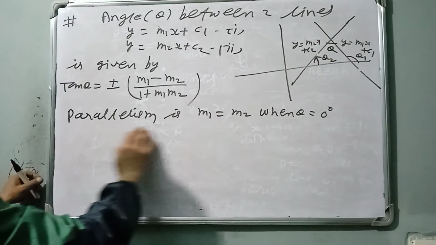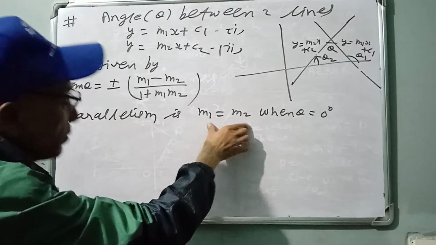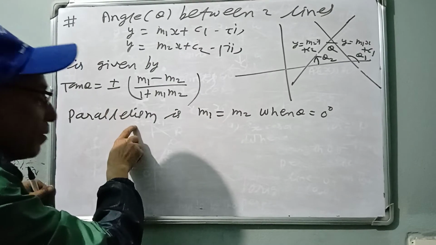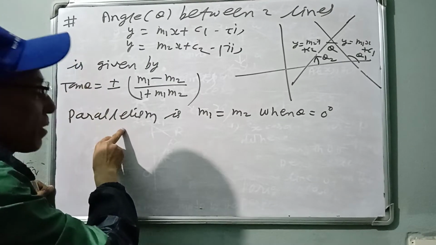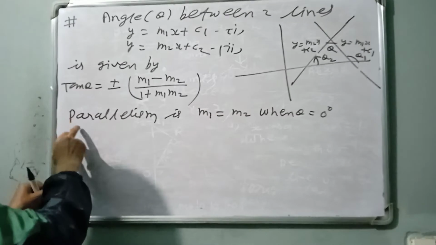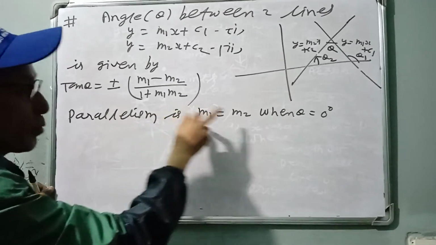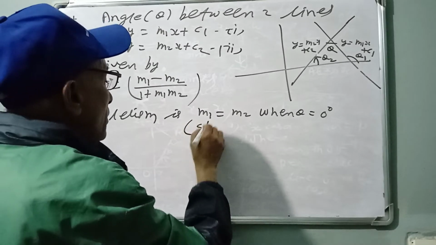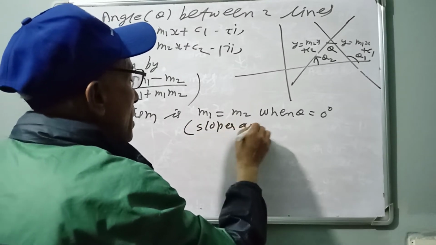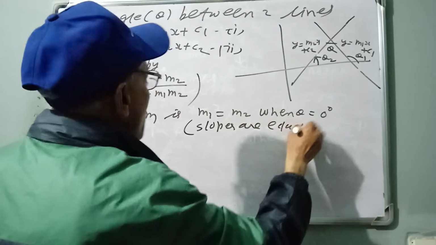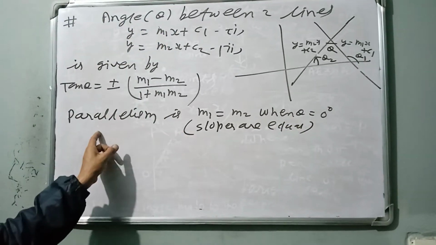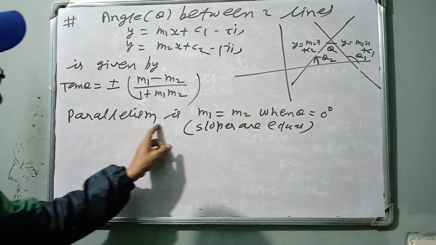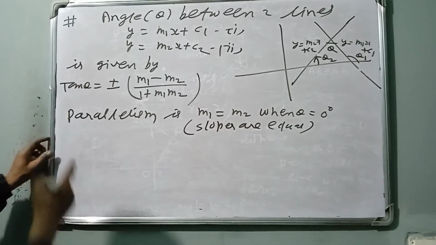If slopes are equal, the two lines are parallel.